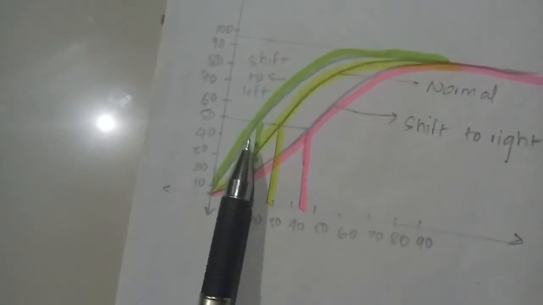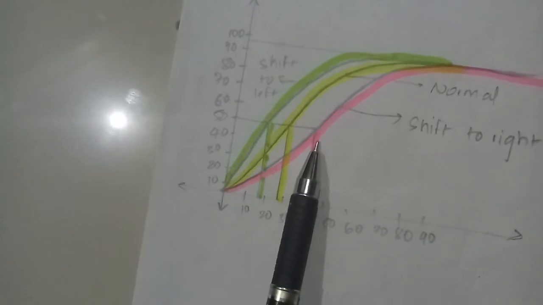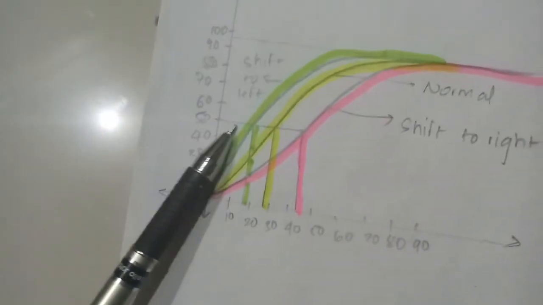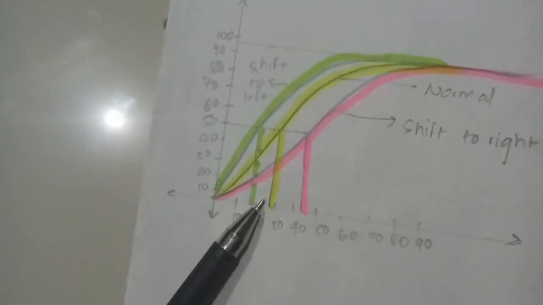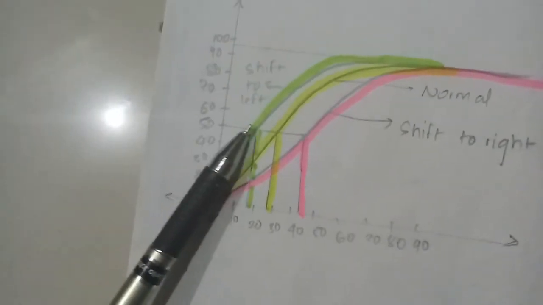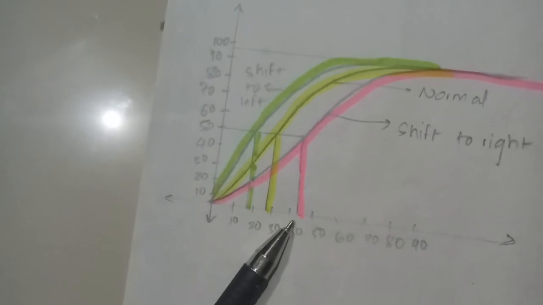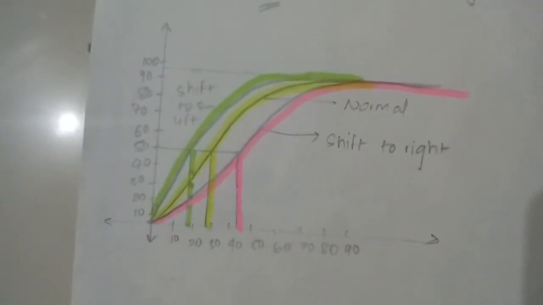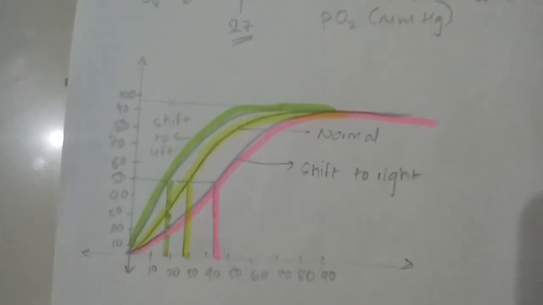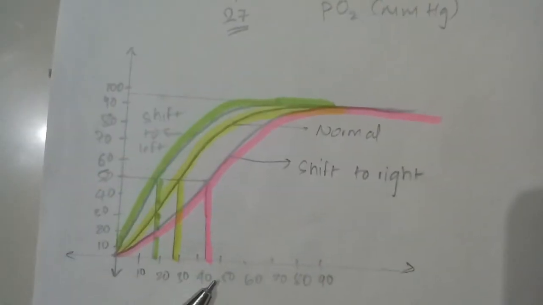This is the normal curve, and this curve is shifted to the right. The P50, the partial pressure of oxygen, was 27. Now it has increased to almost 43 or 44, right? So shift to the right means the P50 has increased.